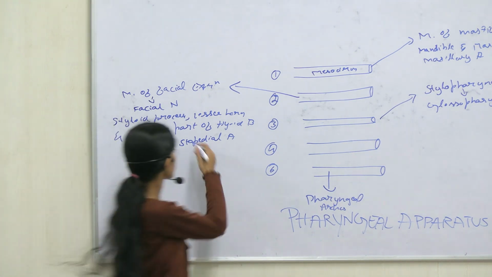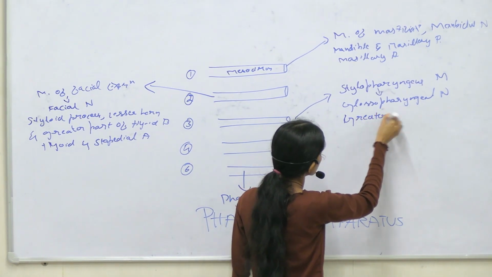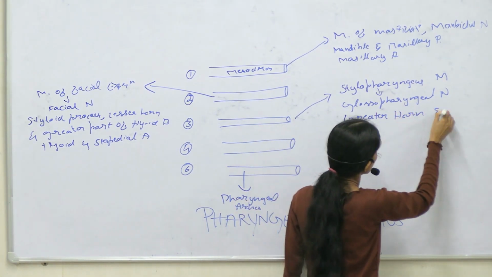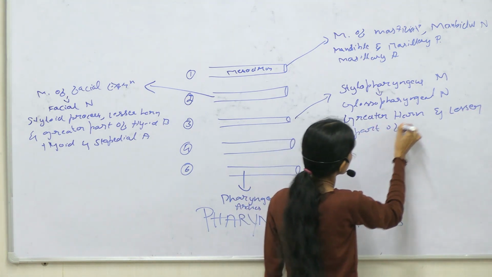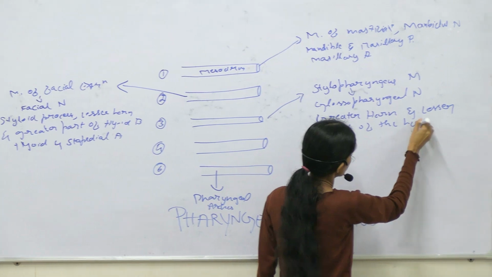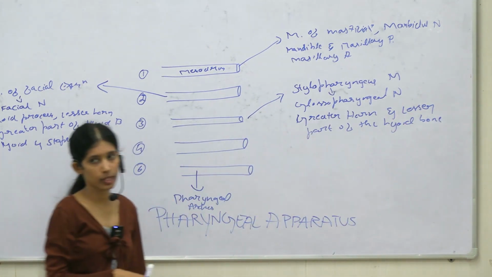It is the greater horn and lesser part of the hyoid bone. What about the blood supply?